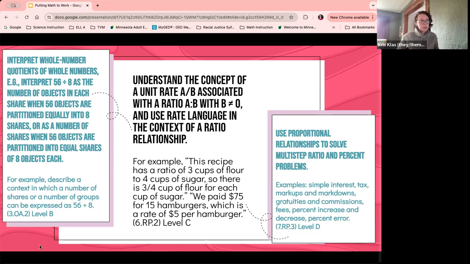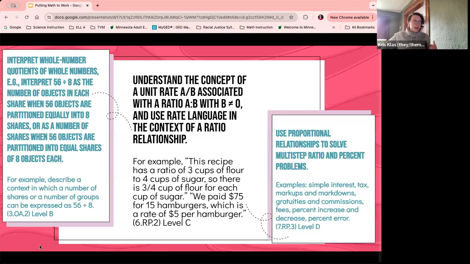Now we can talk about simple interest, tax, markup and markdowns, gratuities, commissions, things like that. Once I've figured out I want to make this much profit, so this is what my price needs to be. What if I want to have a sale? What does a percent off sale do to my profits?